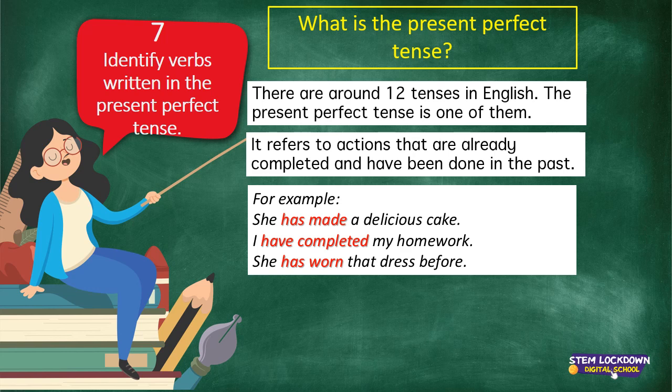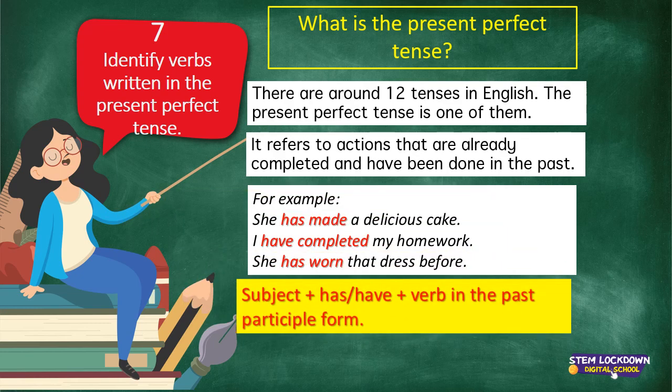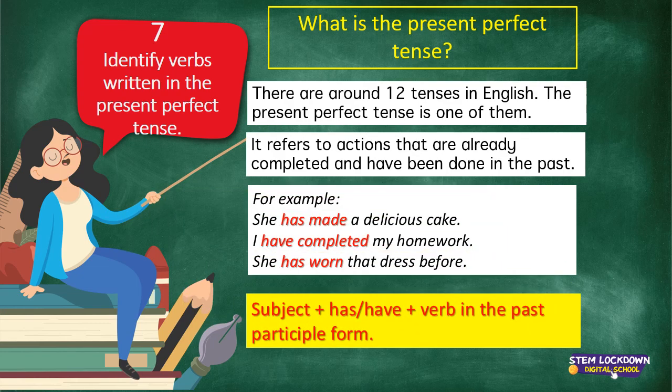Do you notice the 2 words there that give you a clue that it's the present perfect tense? Has and have. That's what you look out for in a sentence, and then you know it's the present perfect tense. So to make the present perfect tense, you have the subject of the sentence, then you add has or have, and then you add the verb in the past participle form.